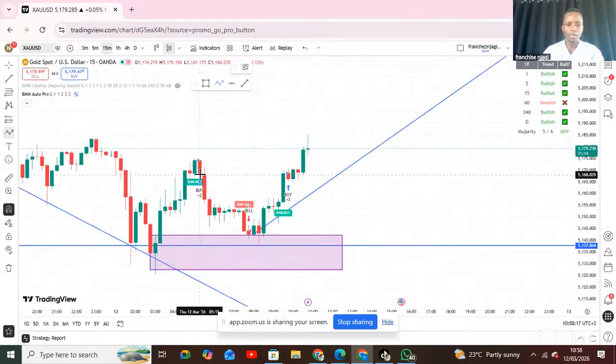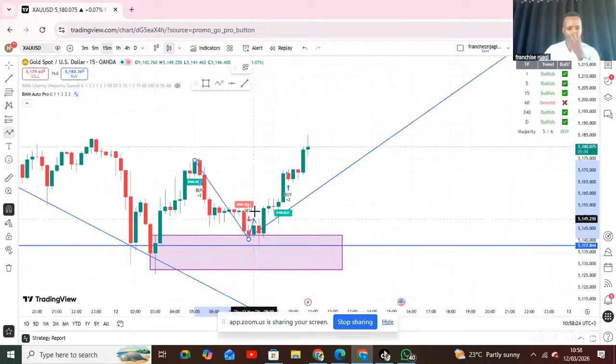You can see the market came from there, and then it touched our zone at the first level, and then it pulled back a bit and then swept these buyers who went early, and then it gave us a confirmation entry on a buy position.